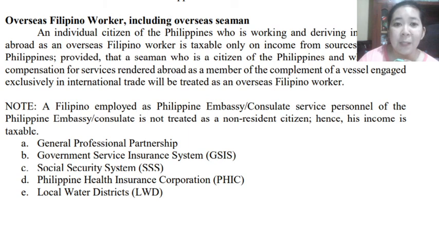So note, a Filipino employed at a Philippine Embassy or consulate, a service personnel of the Philippine Embassy or consulate, is not treated as a non-resident citizen. Hence, his income is taxable. Please take note.